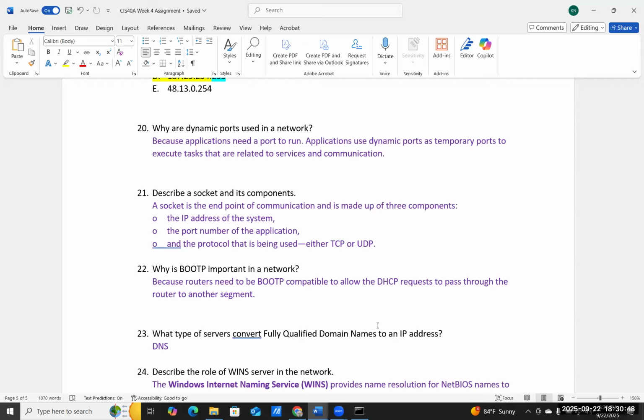It's either TCP or UDP. That is what makes up a socket. So when you see a configuration and it requires the socket, you need to make sure that it has the relevant IP address, the port number, and the protocol, which is tied to the service that's used.